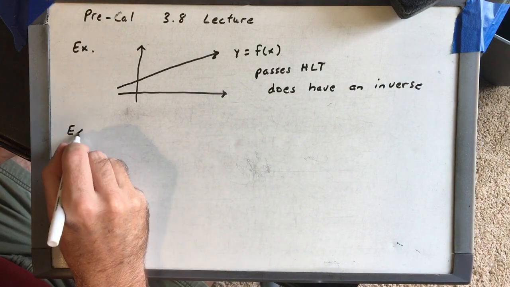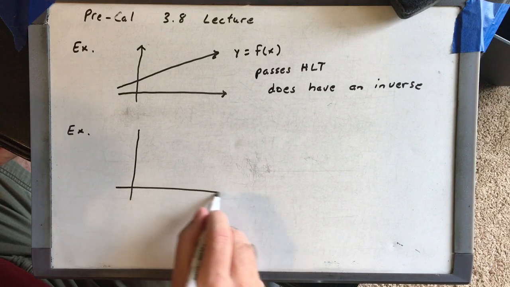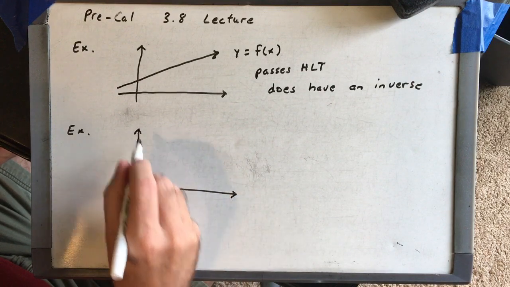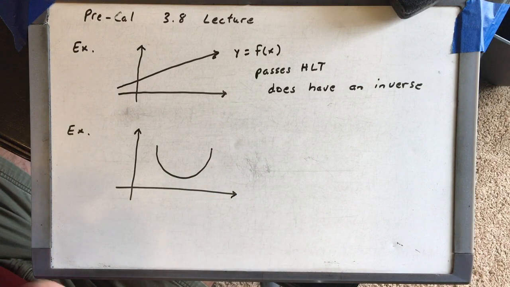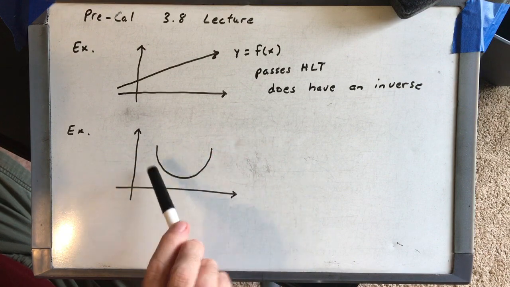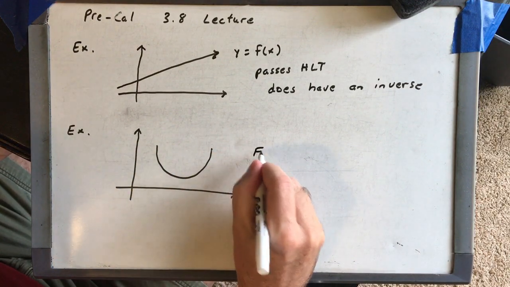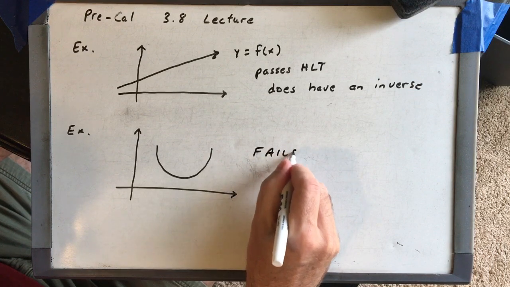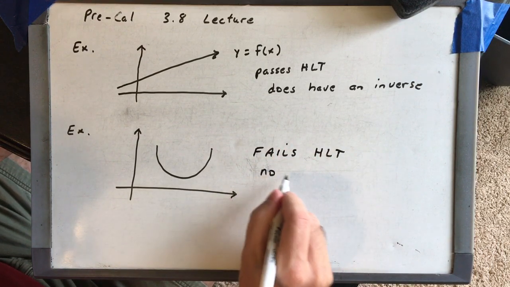All right, the next example underneath that, let's draw a parabola looking like something like that, a big U. Now, does that pass the horizontal line test? Nope. All right, it pierces it in two places. So it fails. So this function doesn't have an inverse.